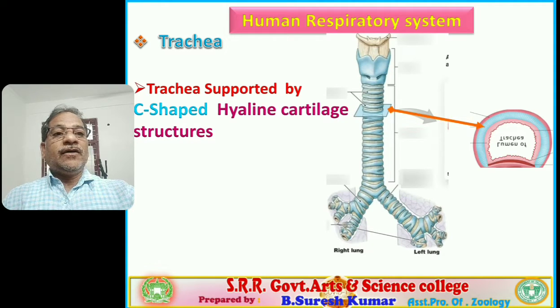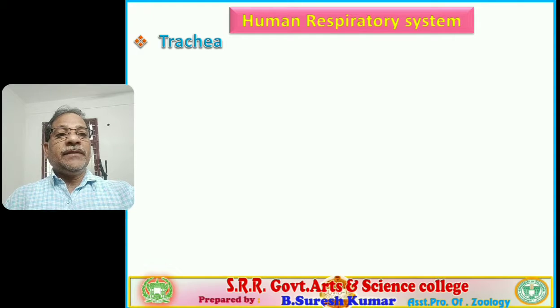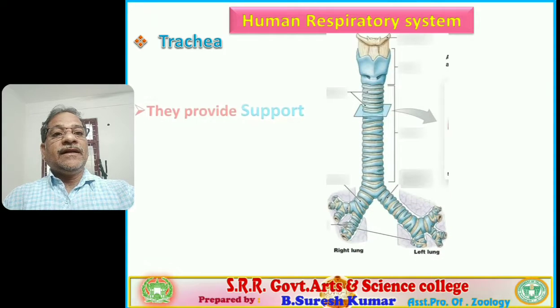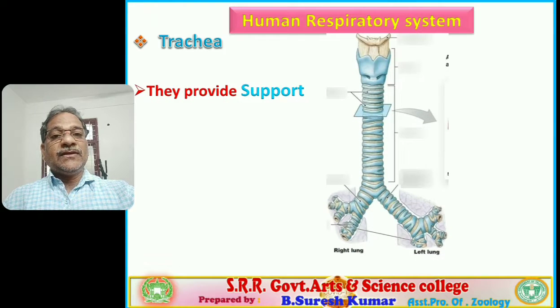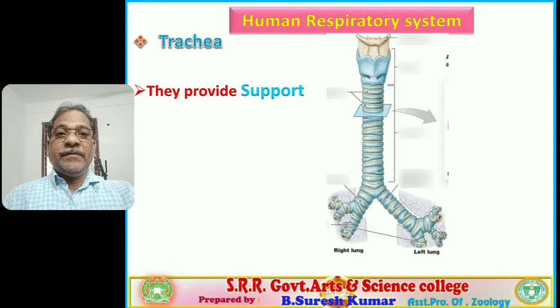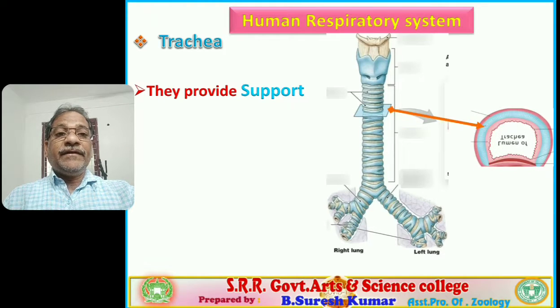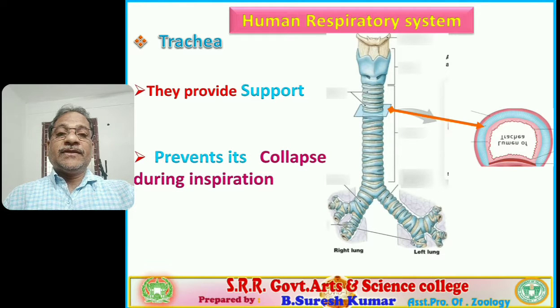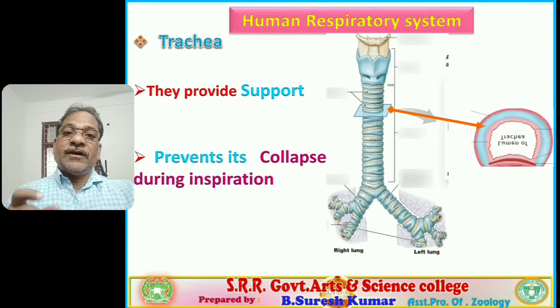What is the function of these C-shaped cartilaginous rings? These cartilaginous rings provide support to the trachea, keep it always as a windpipe, prevent coiling, and prevent collapse during inspiration. So all these are the functions mediated by the C-shaped cartilaginous rings.